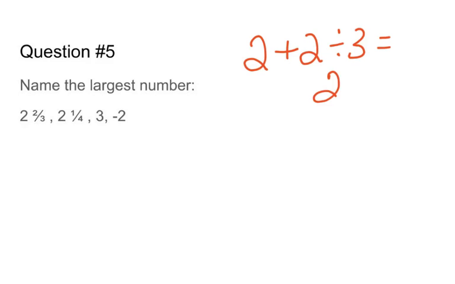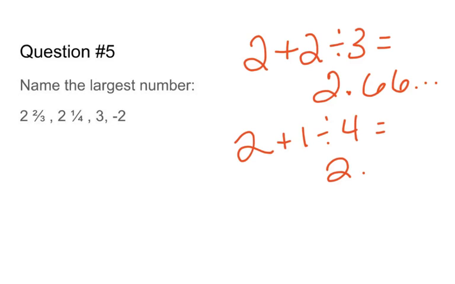On a calculator, that gives you 2.6 with some repeating 6's. 2 and 1/4 is 2 plus 1 divided by 4, and that's 2.25. Then we have the number 3 and the number -2. Well, positive numbers are greater than negative numbers. 3 is larger than 2 and some. And again, this one is 2 and some. So the largest number was 3.